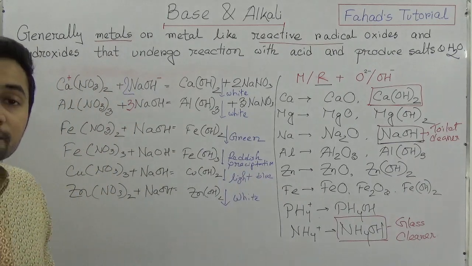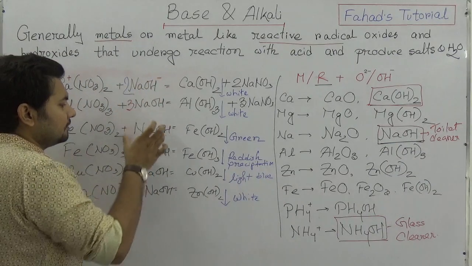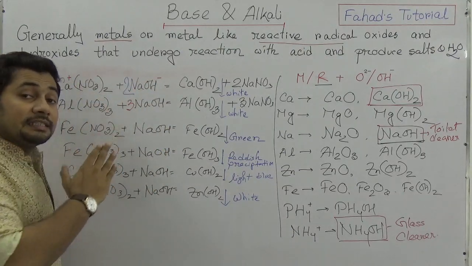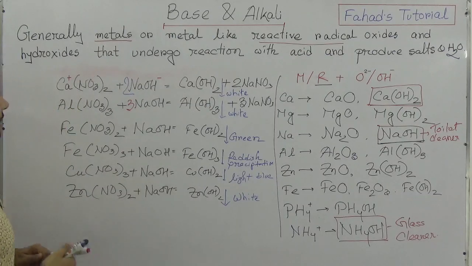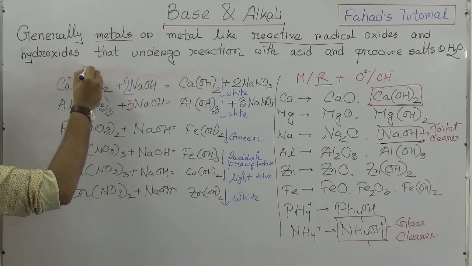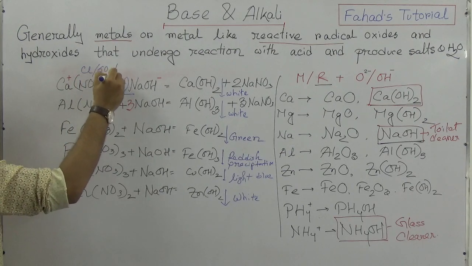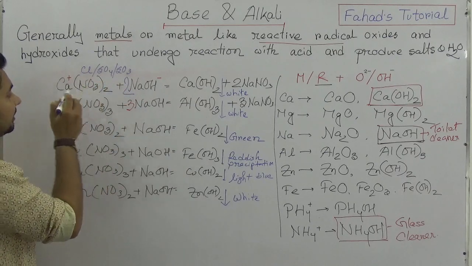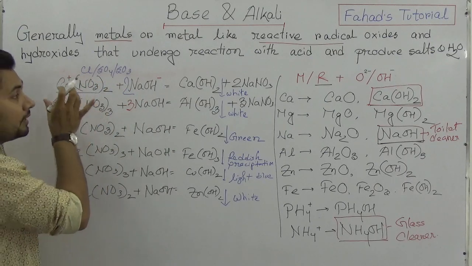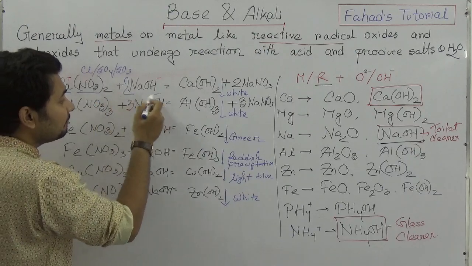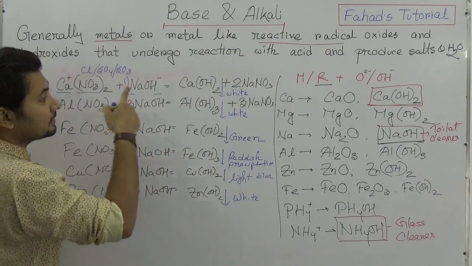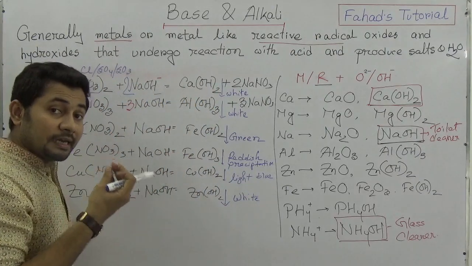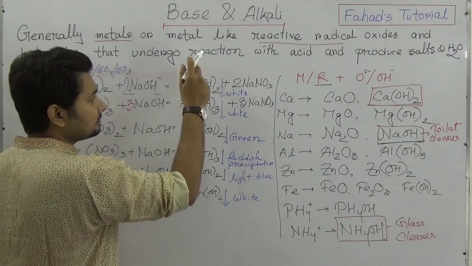Now, when any base undergoes reactions with this sort of metallic salt, it can be the same for calcium chloride, calcium sulfate, calcium sulfide, whatever you think, but these are metallic salts. When they undergo reactions with base, the individual ions have their own color of precipitate.